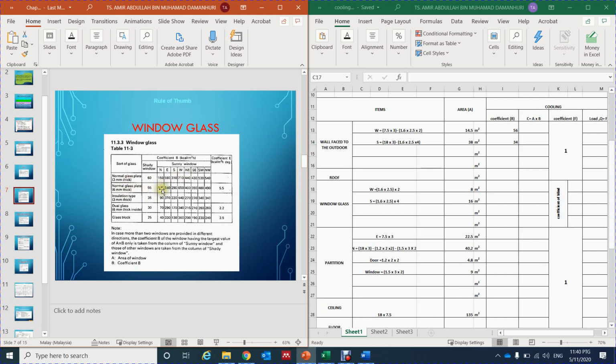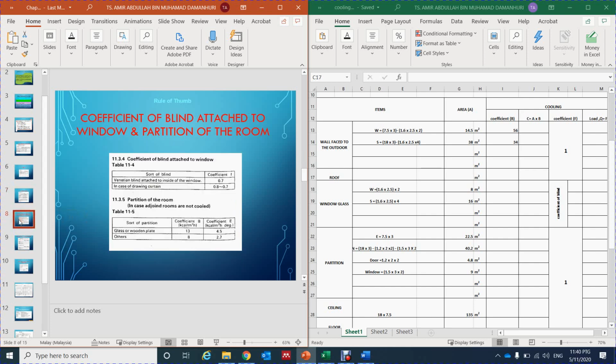So is it a shady window? No, because if it were a shady window, it would already be stated in the specification of the building. So now it is normal glass plate, and with blind we will be using the coefficient with blind.